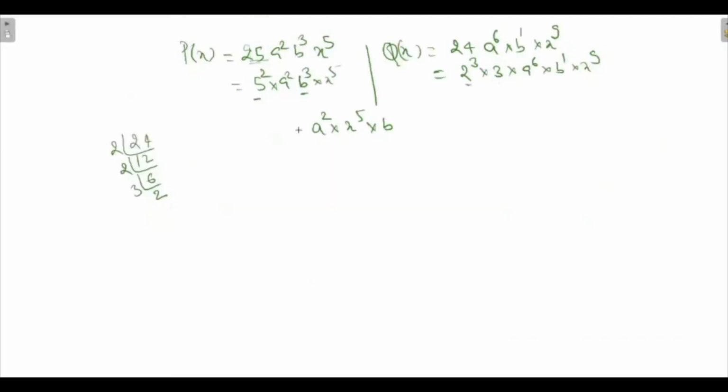You can put one, don't put one, it doesn't matter. If you want to have something common taken for the numbers, you can just put a 1 here, which is again simply not putting it there as well. So you will get a square into b into x to the power 5. So yeah, we have got something which is called highest common factor.